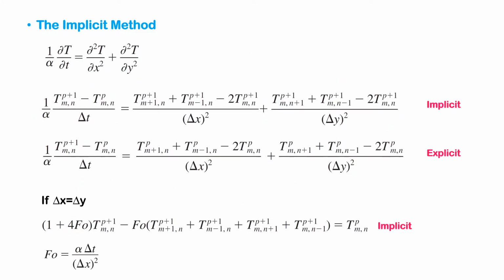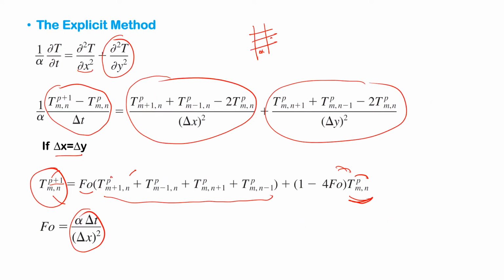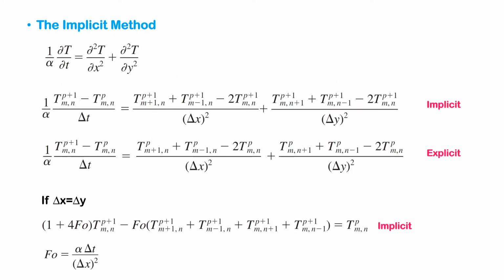Alternatively, there are equations that are called implicit equations. In this case, we are using slightly different definitions. When we express the derivatives with respect to x and y, we express them at a future time instead of the past time.